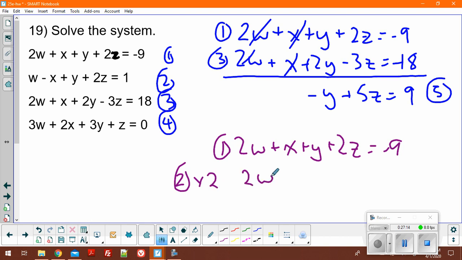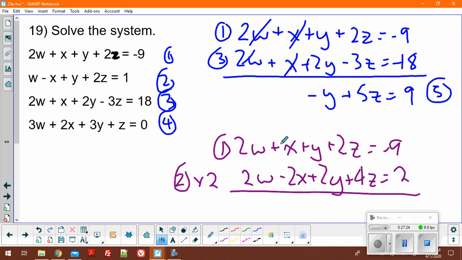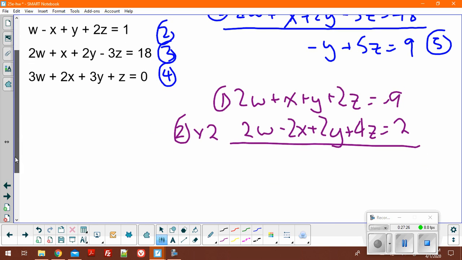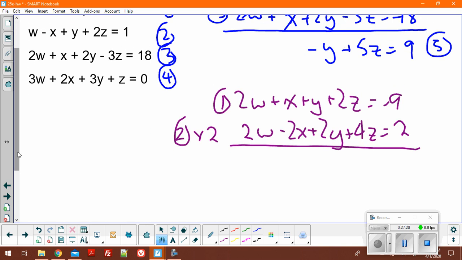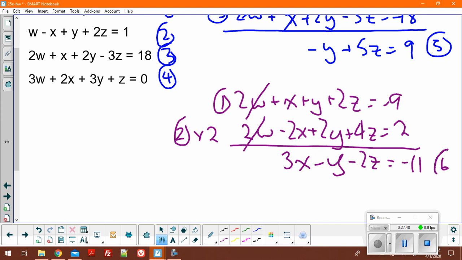So 2w minus 2x plus 2y plus 4z is equal to 2. Now we subtract. So my w's cancel. X minus 2x, that's 3x, 2y minus y is y, 2z take away 4 is -2z, -9 take away 2 is -11. Equation 6.